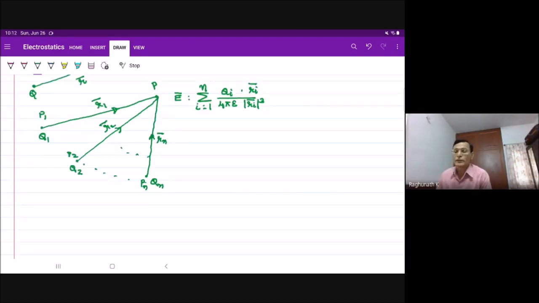In practice, the charges that we see are distributed charges, not point charges.